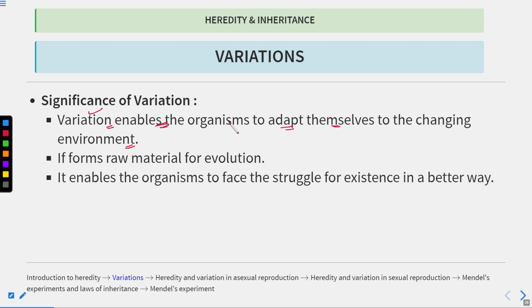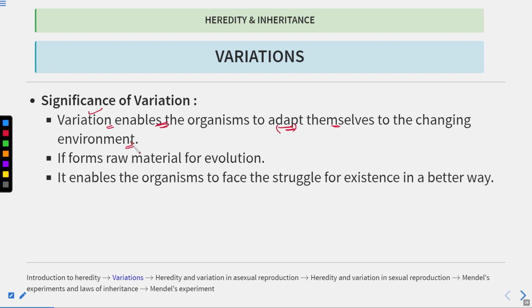The environment has changed, you have added the antibiotic, and those bacteria in which there were variations due to mutations will be able to adapt, and they will survive, and their numbers will increase.